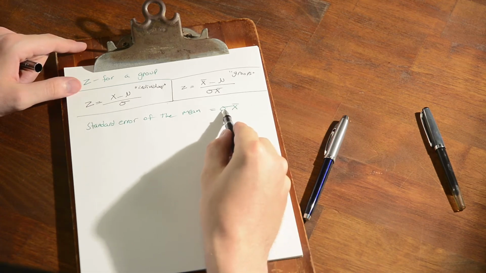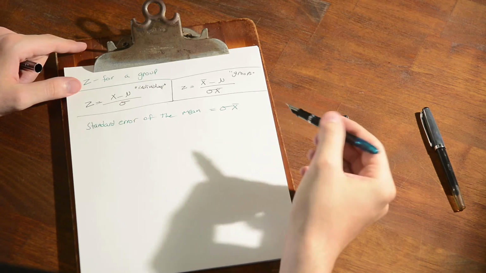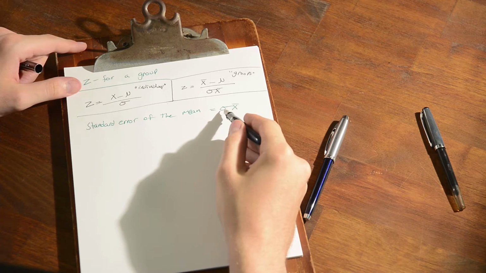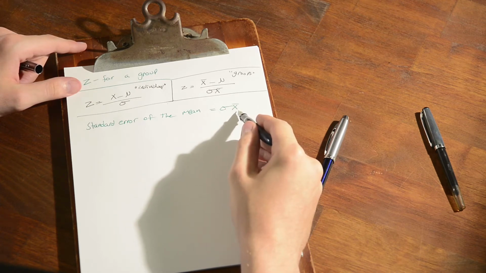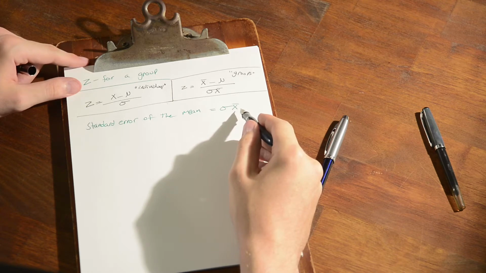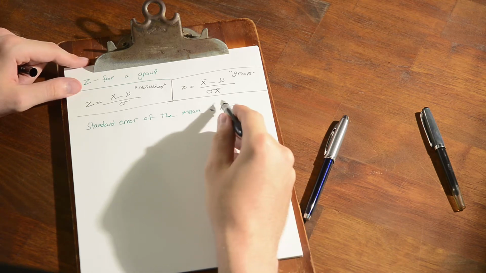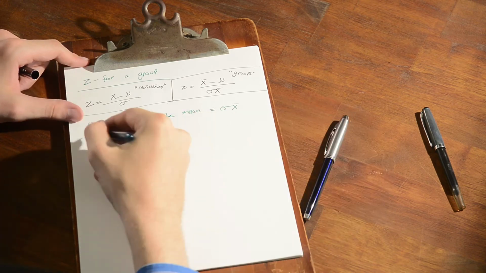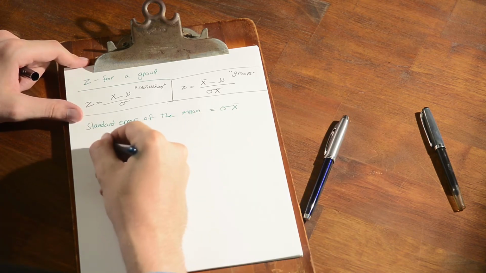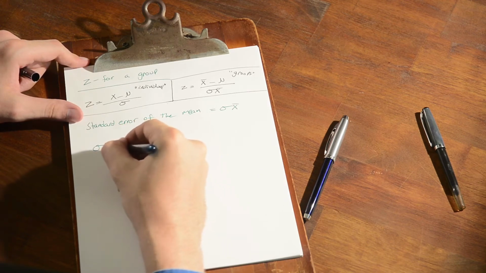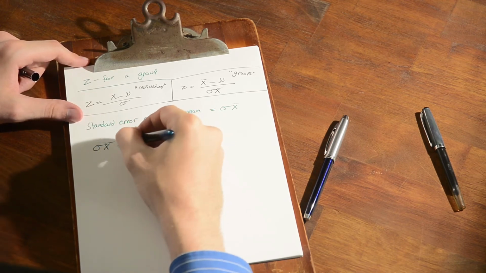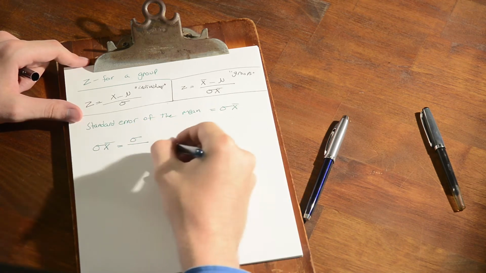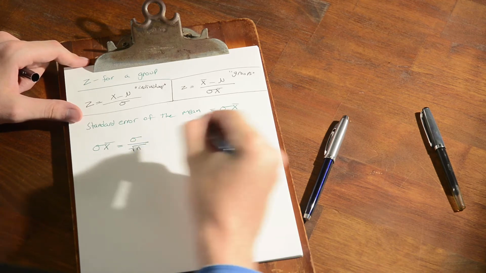This symbol, lowercase sigma, is the symbol commonly used for a standard deviation, and x bar is used to refer to the mean of a sample. So you can use that to help you remember where this set of symbols comes from. Now the formula for the standard error of the mean is equal to our standard deviation over the square root of n.